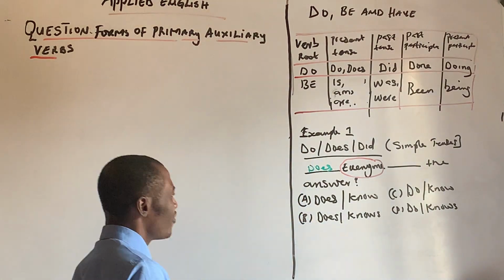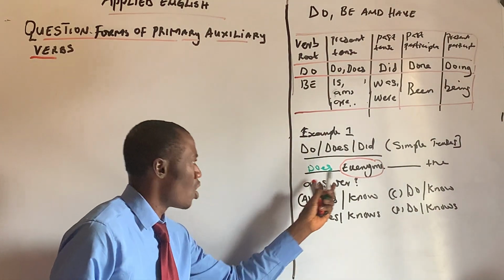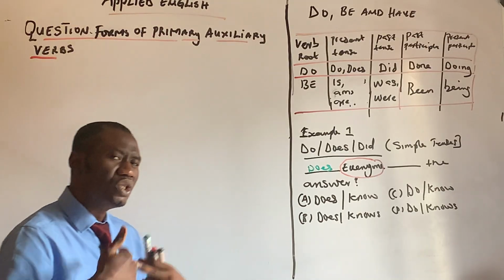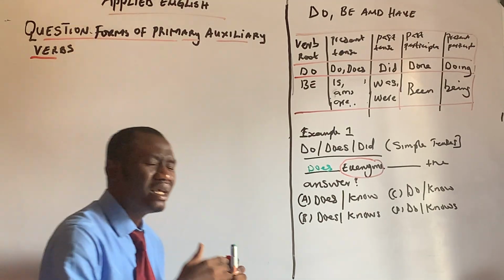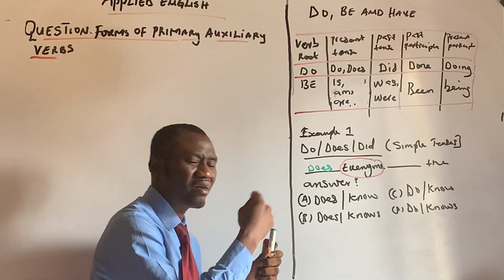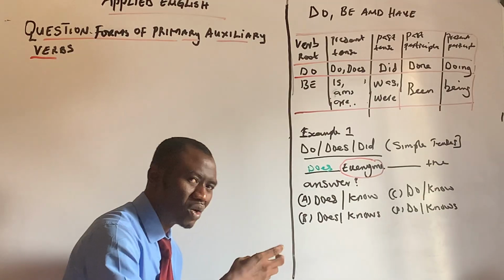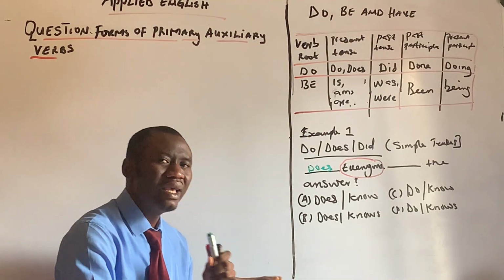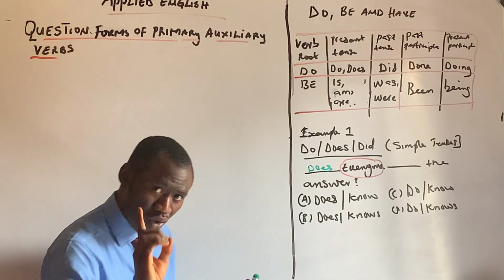Now look at the main verb. This is does for the singular subject. The does is used as the primary auxiliary verb. The main verb that follows the primary auxiliary verb do, does, and did should be in its base form, and should not be changed.